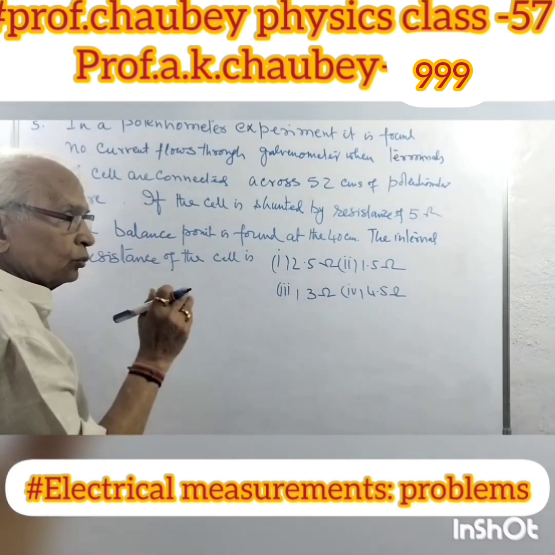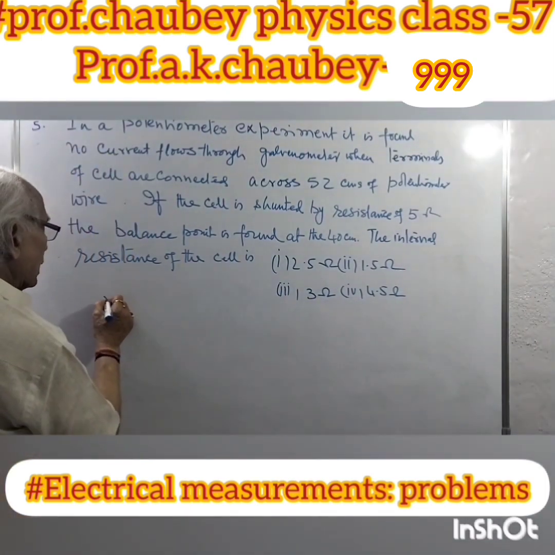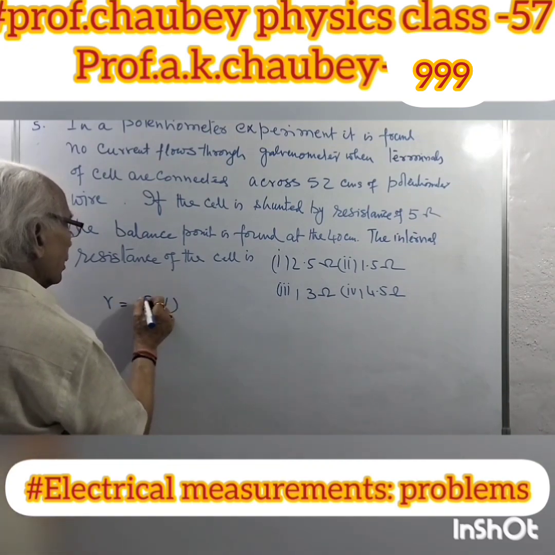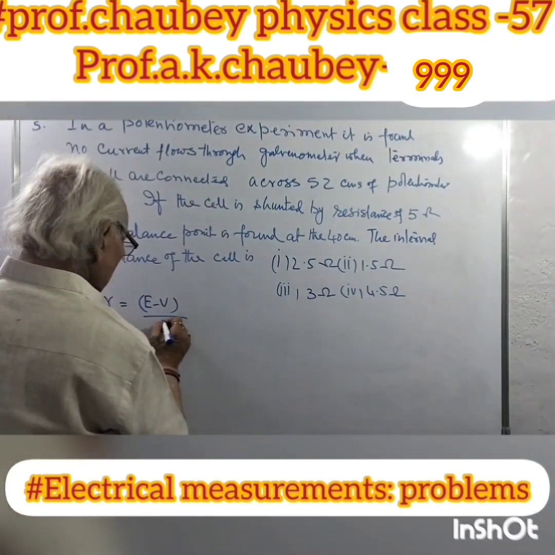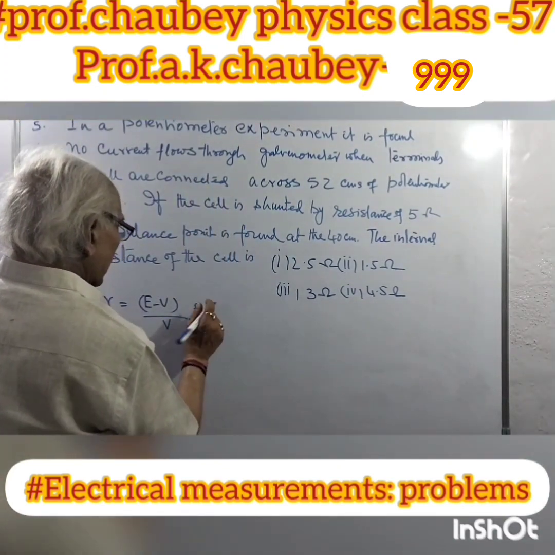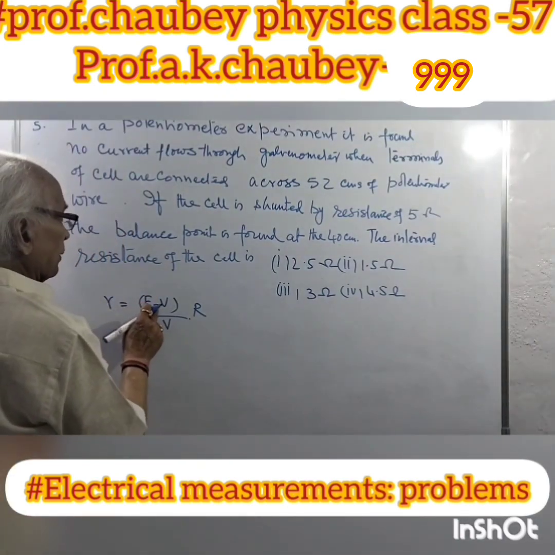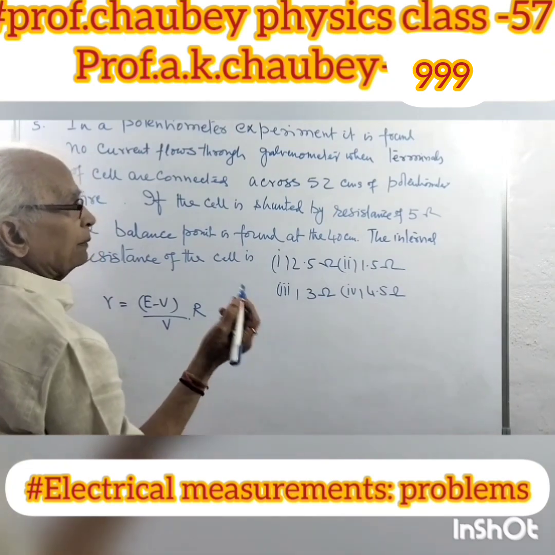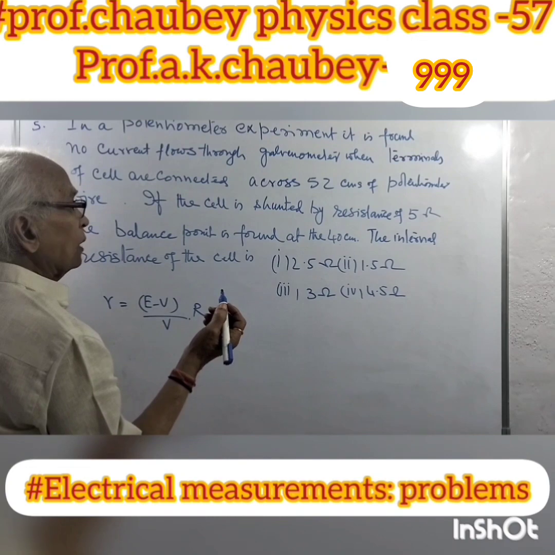So the internal resistance r is equal to E minus V upon V into R, where R is the shunt resistance. E and V are proportional to length, or you multiply by potential gradient, so the gradient will be cancelled and you have lengths.